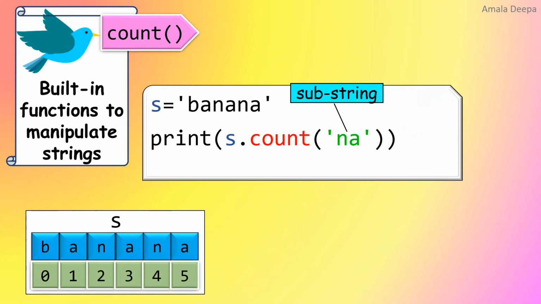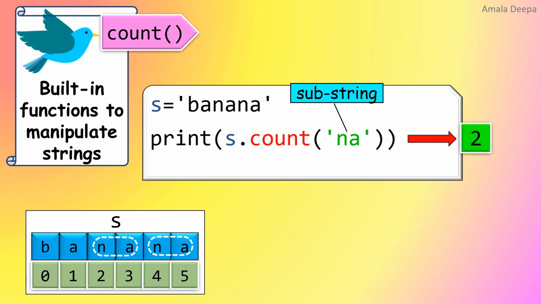As the name suggests, the count function will count the number of times the substring appears in the main string. Look at what is stored in s in the array. The substring na appears twice in this string banana. So the output of this print statement is 2.